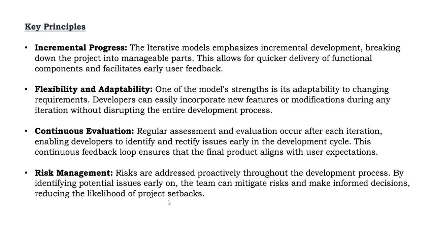So there is a continuous process, but in the case of other models, it was a one-time process only. Once the development is done and the testing is done, it goes through each phase in a sequential manner. But here it is able to mitigate any issues if they are encountered in production.